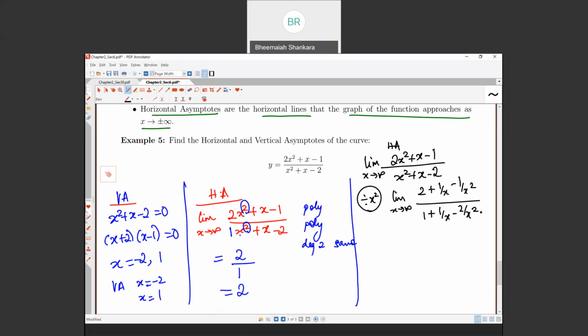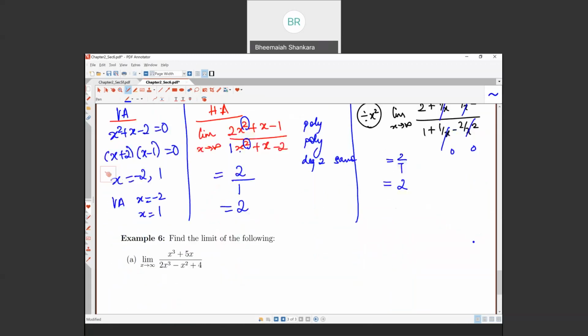When x approaches infinity, each of these limits is going to be 0. So you say that this is 2 over 1 and your answer is still 2, which is the same as the method of comparing the degree.